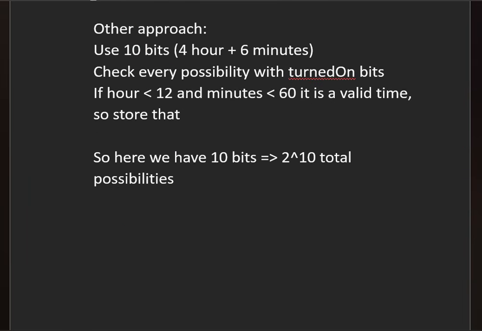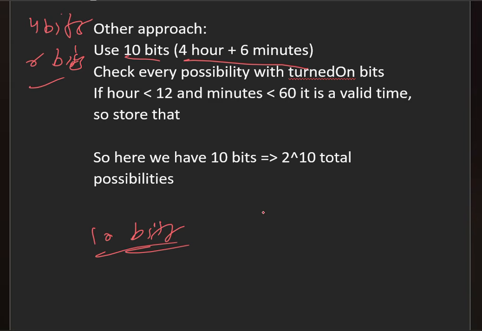So what other approach can we follow? Here we have 4 bits for hours and 6 bits for minutes. So total is 10 bits. We have a total of 10 bits, 4 for hours, 6 for minutes. So can't we check every possibility with turned on bits, right?